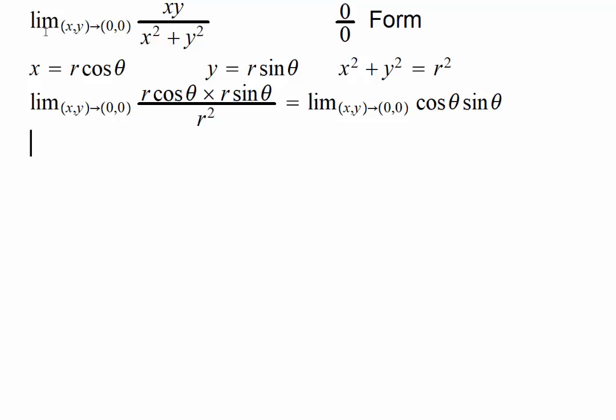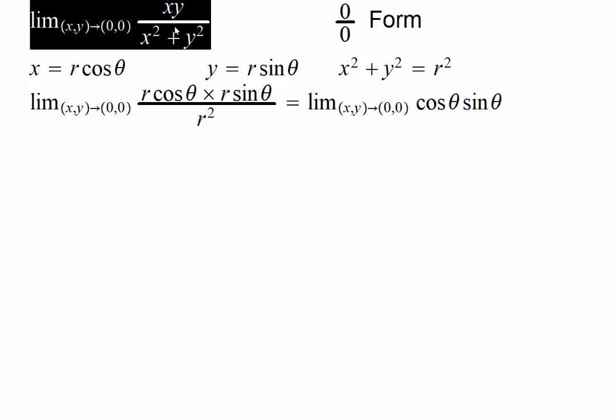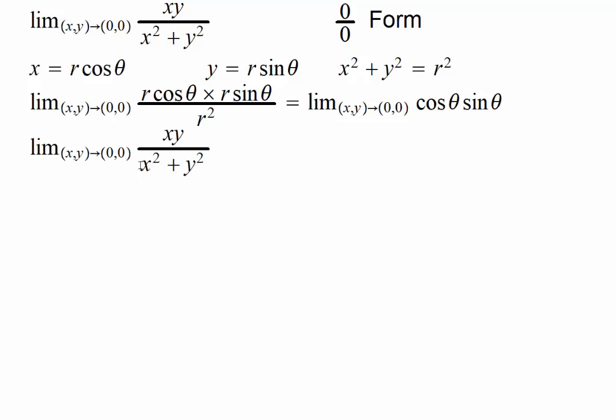For example, say we are looking at going via the route y equals x, right?